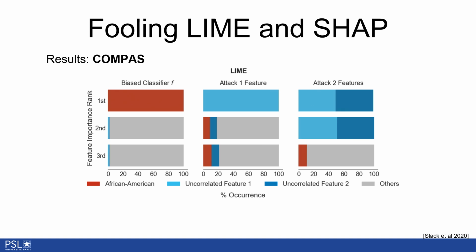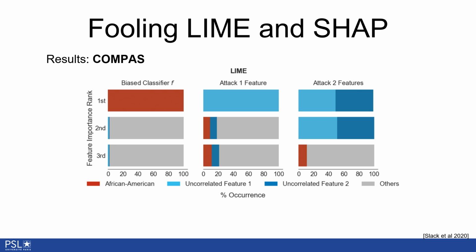Each column shows in red the percentage of data points for which the sensitive feature appears in the top 3 most important features, while blue colors show the percentage of occurrence of the 2 uncorrelated features used to build the 2 adversarial models. The first column shows that without adversarial attack, LIME detects very consistently the sensitive feature as the most important feature in the model.